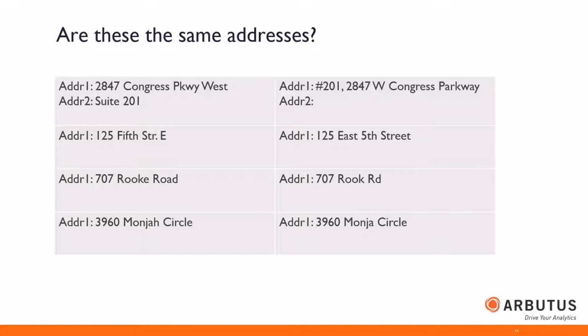So the one on the left, as far as your computing system is concerned, is not the same as the one on the right. The second address, 125 5th Street East, again, it's possibly the same address, but the text is not identical as text. And you can see in the last two examples there's a difference of one character. There's a character missing from the address on the right that's in the address on the left.